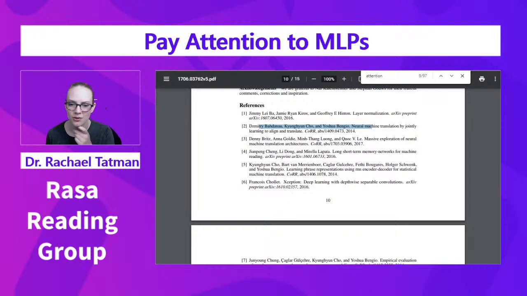Computing Research Repository? Oh, okay. Maybe this is just a place where the paper was put and not actually the publication venue. Anyway.